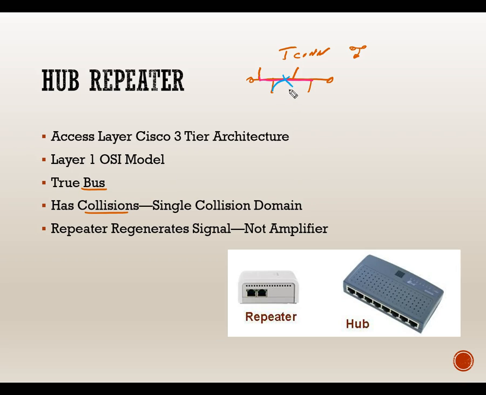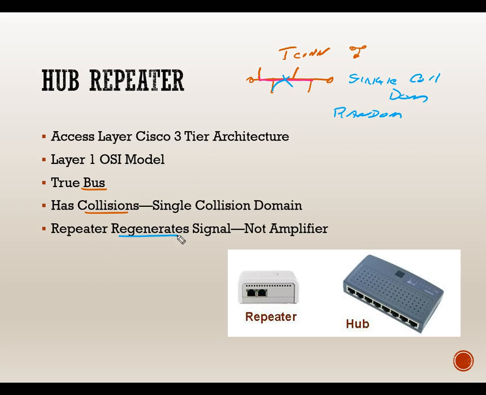If we have the collision, it's a single collision domain, and that's important. If we have a collision, we have to go into random backoff. Random because if we had a fixed backoff, they would all back off and do the same thing again, and then they do the contention for the media and go through the whole thing again.